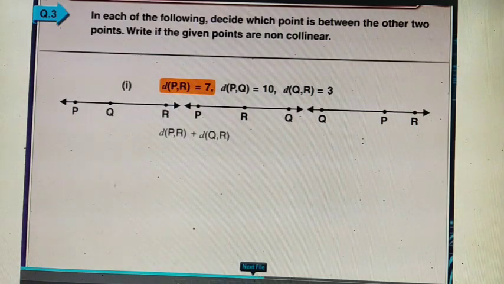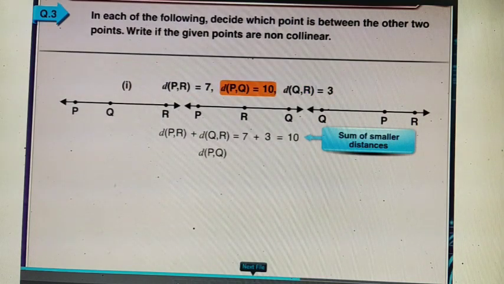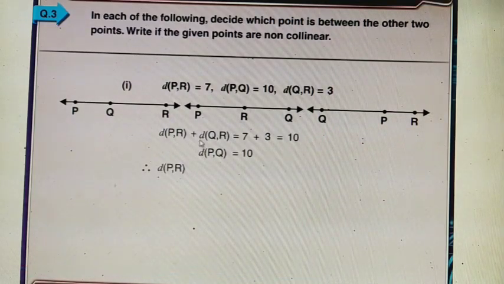PR plus QR is equal to 7 plus 3, which is equal to 10. Sum of smaller distances is equal to PQ, which is 10. Therefore, we can say distance PR plus distance QR is equal to distance PQ.